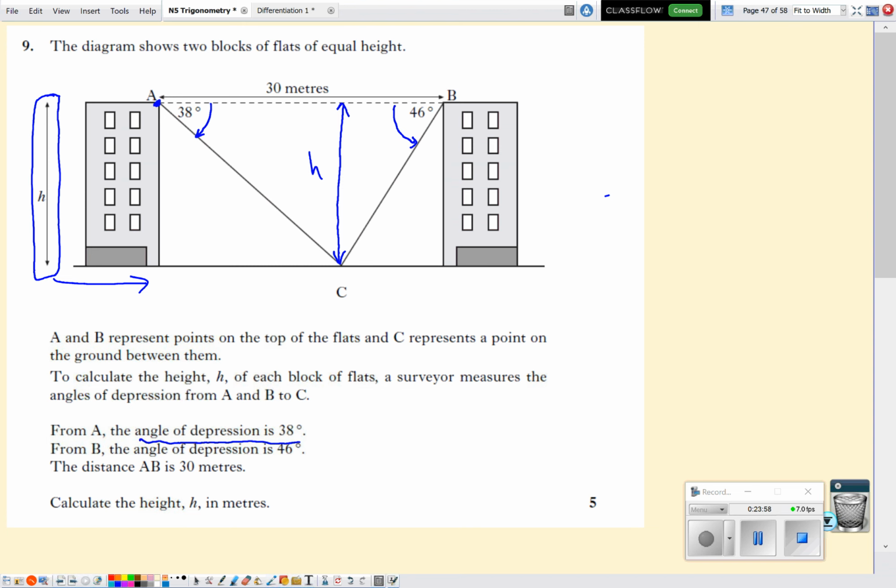That h line is what I would often call an altitude of the triangle, and it's quite handy because it makes right angles with the base. If it makes a right angle with the base, that makes my triangle into 2 right angle triangles. And that's going to be important when we get to the end of the solution.